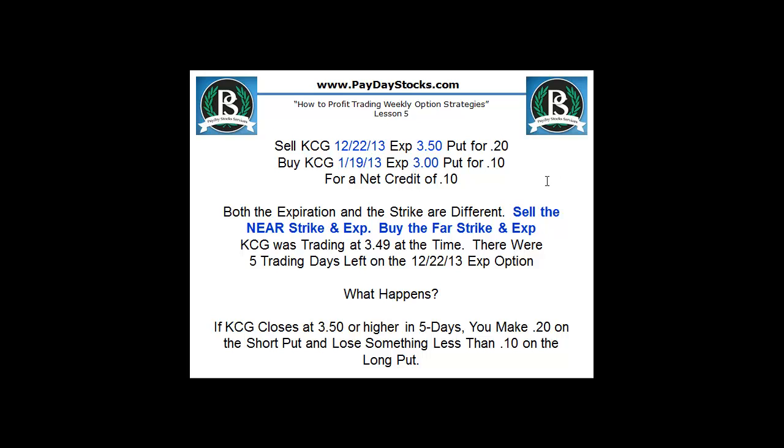So your worst case scenario here is that you make 10 cents on this if it closes at 350 or higher. Okay, so the best case scenario is that it closes at 350 and no value is lost from the long put, and you make the entire 20 cents during that first entry.